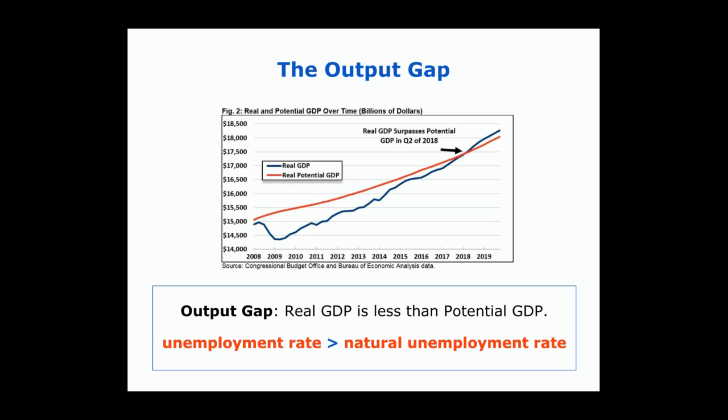The economy's producing beyond what it can do on a sustainable basis based on full employment. And so, in this way, we can see that unemployment helps us understand not only how labor resources are being utilized, but also how employment and unemployment is connected and contributing to production and output and economic growth.